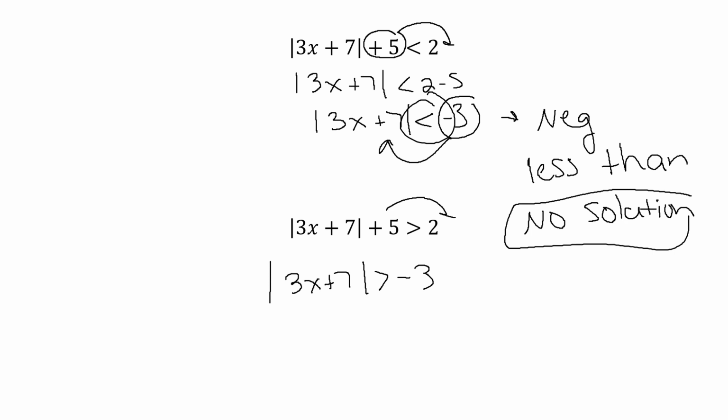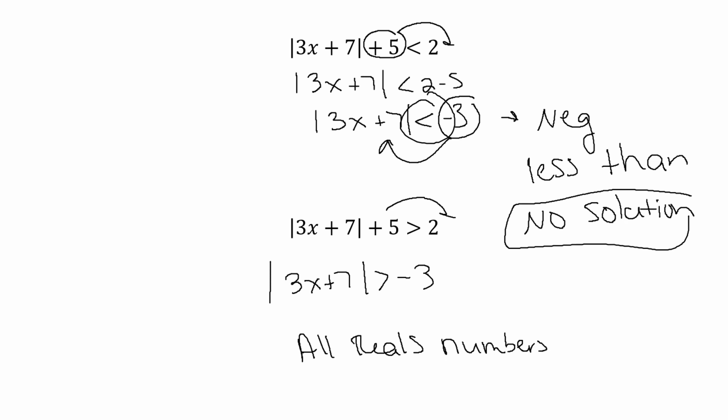We just talked about that. And here is the textbook definition. The answer to a greater than negative absolute value is all real numbers. Basically what that means is any real number will make this a true statement.